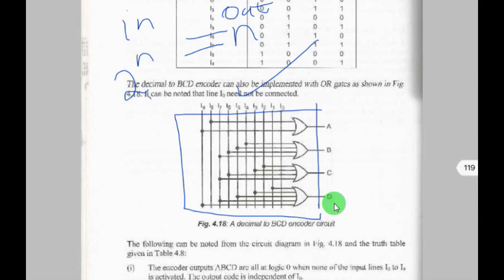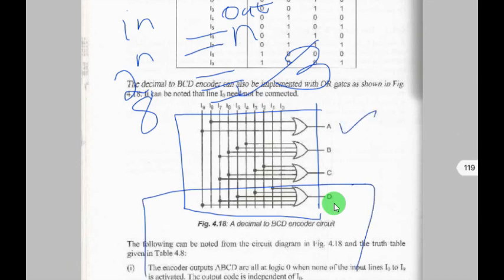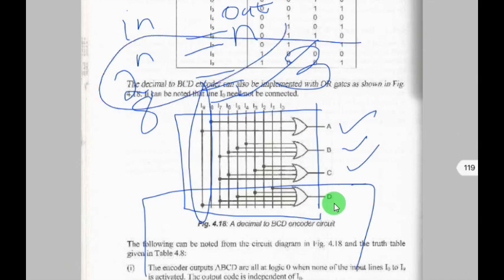So if you have 8 inputs, then n is equal to 3. So assume you don't have this D there. You have only A, B, C, and you don't have this 9. Then we have agreed according to this rule that 2 to the power n inputs give n outputs. Are we agreeing on there?